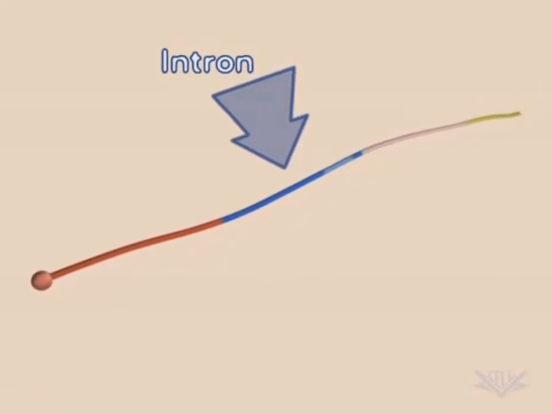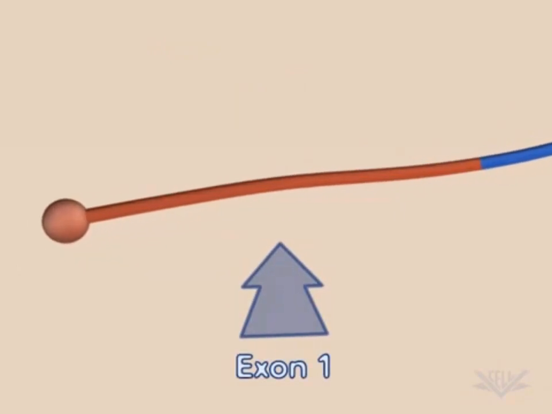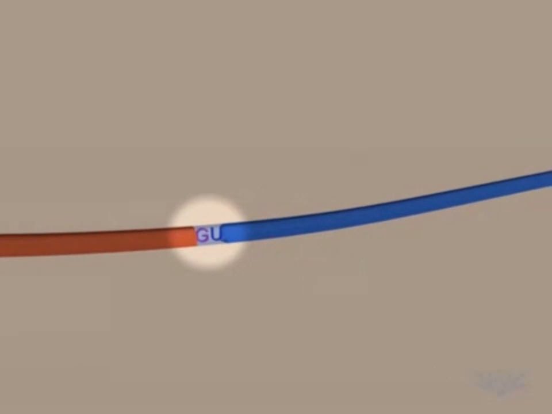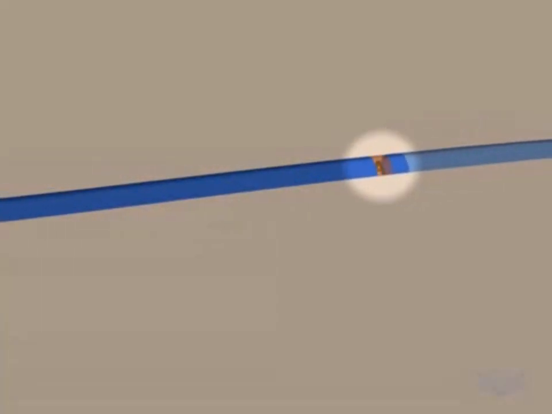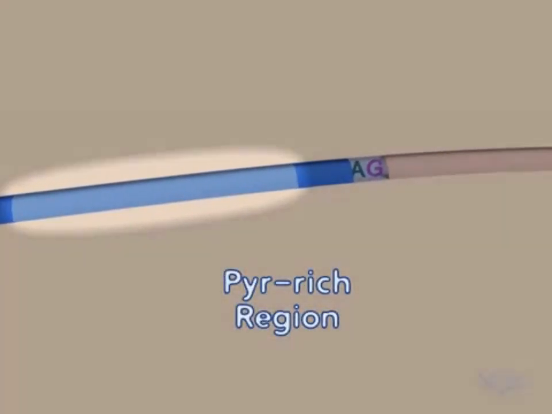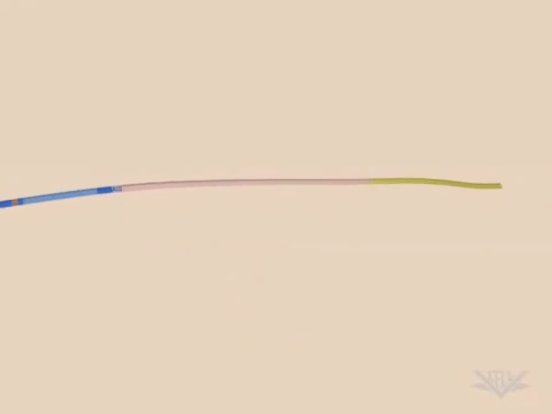Several signals exist within the intron that are used in the splicing process. From the 5' end of the intron, these are GU, the A branch site, a pyrimidine-rich region, and the 3' AG. The GU and AG sequences define the beginning and end of the intron.